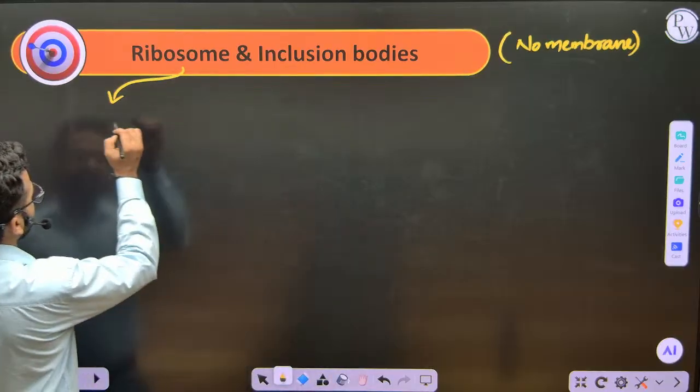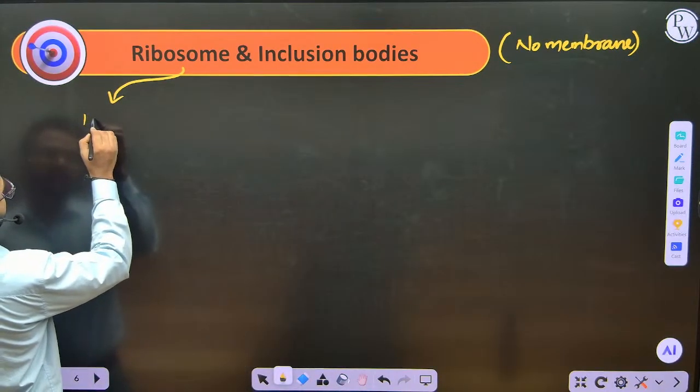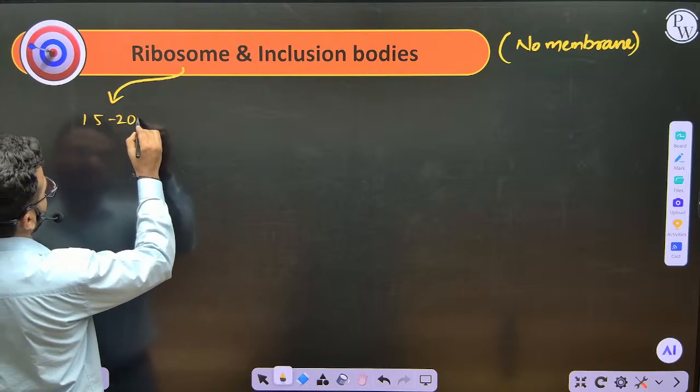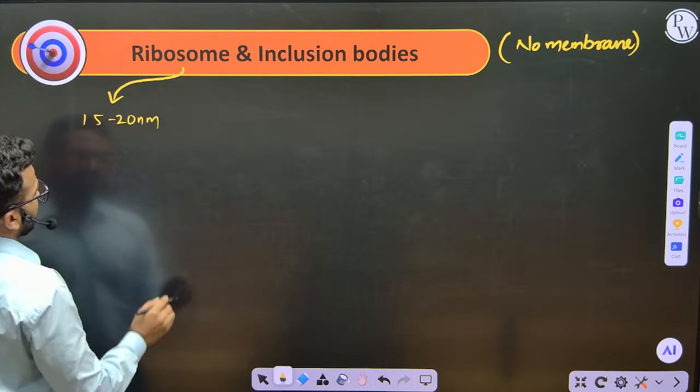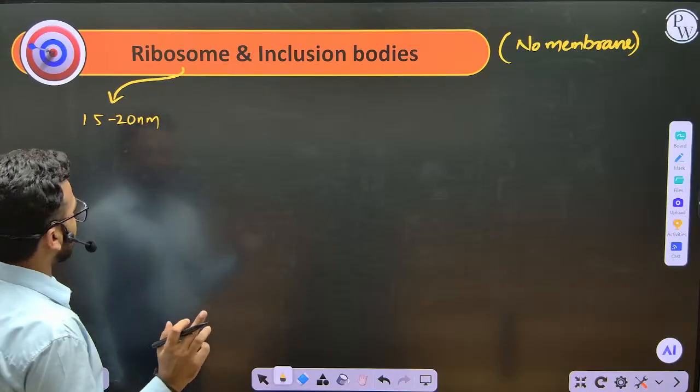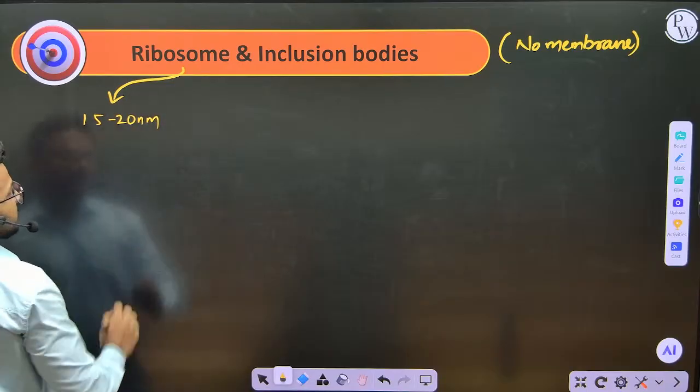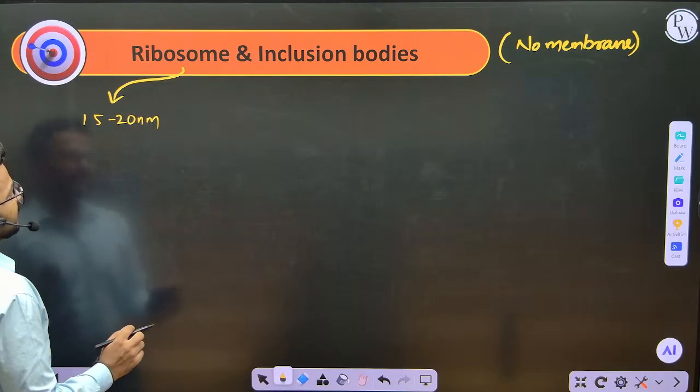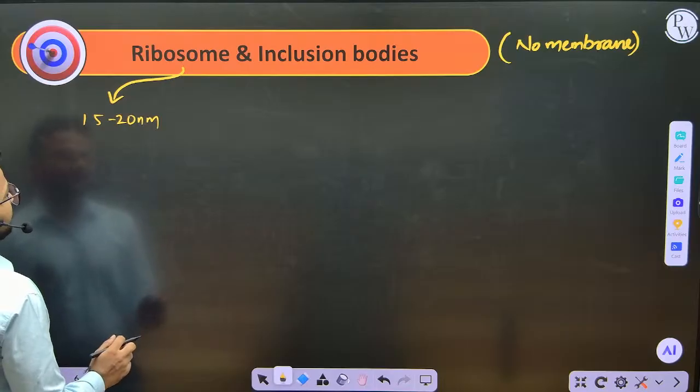Here ribosomes measure around 15 to 20 nanometers. Nanometer means 10 to the power of minus 9 meter, so 15 to 20 nanometers is the size of a ribosome.